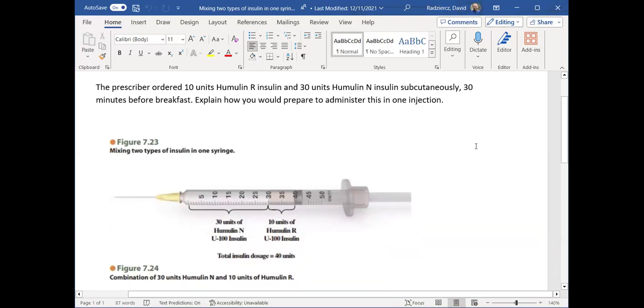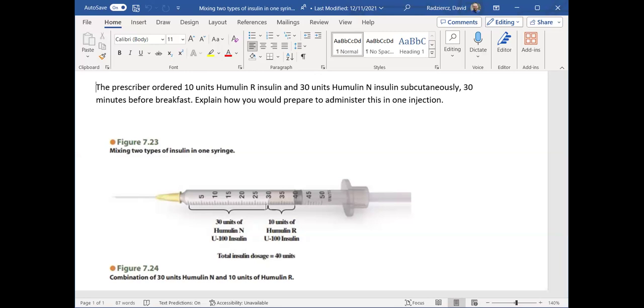When you're labeling it, if it asks you to label and draw out your insulin syringe, again, I don't know if they're still asking this question, but if they are, this is how you would label your syringe. You would have the two types, regular insulin, and then whatever other type, usually it's N or Humulin N or NPH.